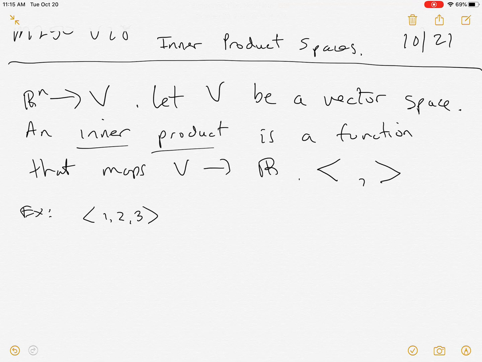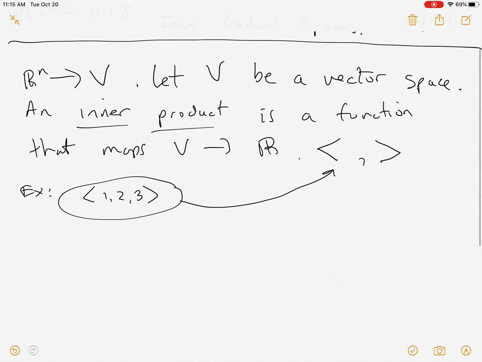This is i plus 2j plus 3k. I don't like this notation because we use these angles for this function. That's why I've never been a big fan of that, because it's easy to get confused. They're not the same thing, right? And so this is how I like to write this. The book doesn't do it this way, but the function angle, comma, angle takes V and maps it to R.